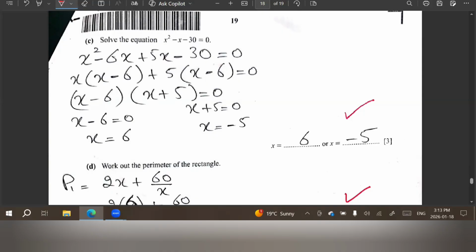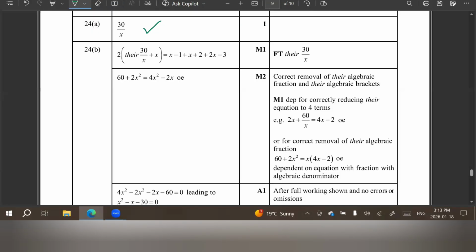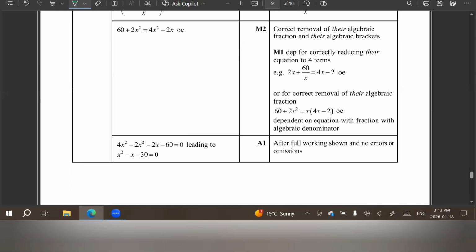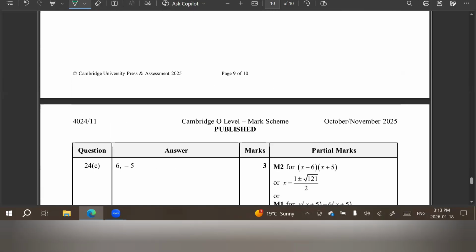So you have the two answers: one x is 6, the other one is minus 5. I have used middle term breaking to solve this. You can use the quadratic formula as well. Let me show you the answers. So 6 and minus 5, that's the right answer.